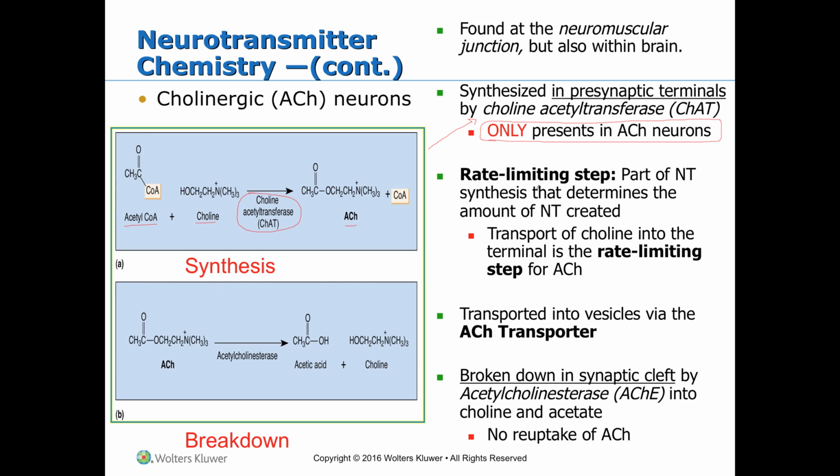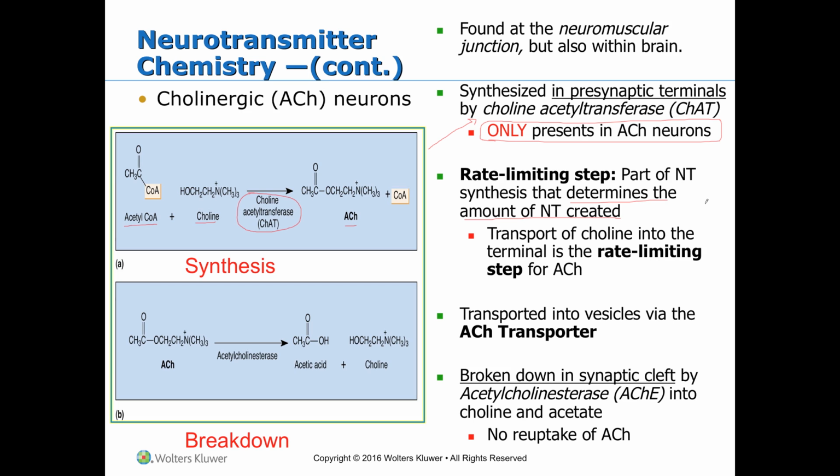So your rate-limiting step is the part of the neurotransmitter synthesis that will determine the amount of neurotransmitter created. And usually if teaching in person, I would ask you what a rate-limiting step is and try to get some class discussion on that. But obviously, since I'm talking to a computer, that doesn't go over that well. But the transport of choline into the terminal through choline transporters is actually the rate-limiting step.